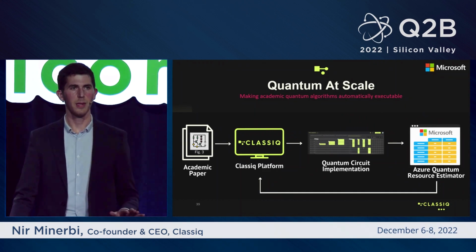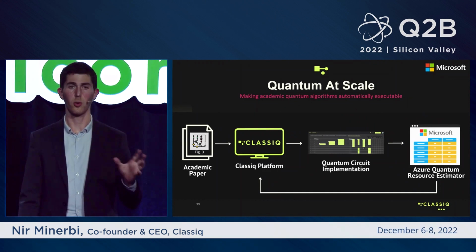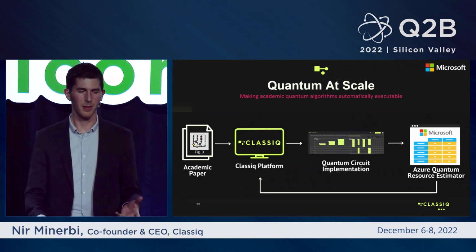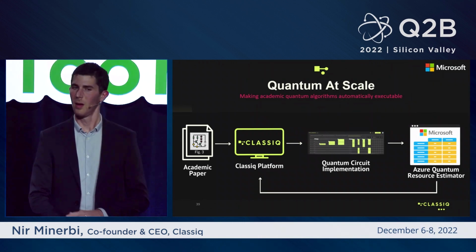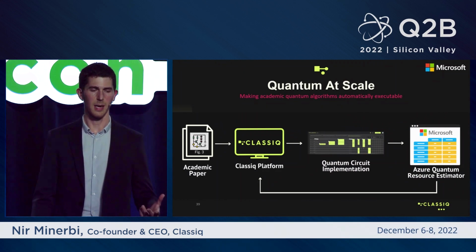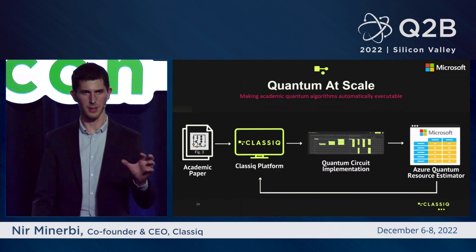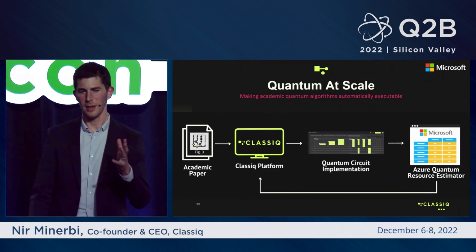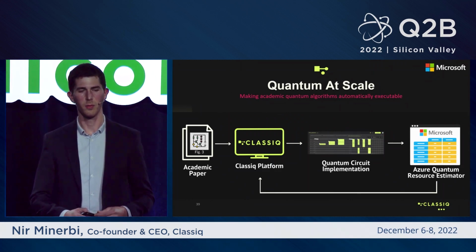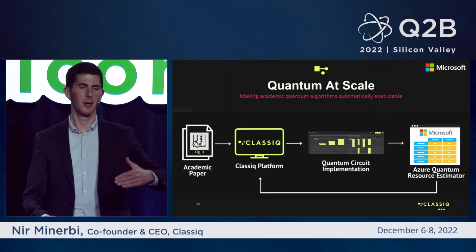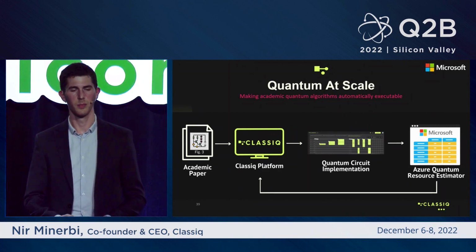Have you ever built Shor's algorithm, which on paper looks very smart but very simple, but when you try to implement it, that's a tough one. But when you automate the process and all of the difficult functionalities are automatically designed, this is much easier. And of course, when you use the fantastic Azure Quantum resource estimation platform, you can also analyze the results and understand when it will be really executable.